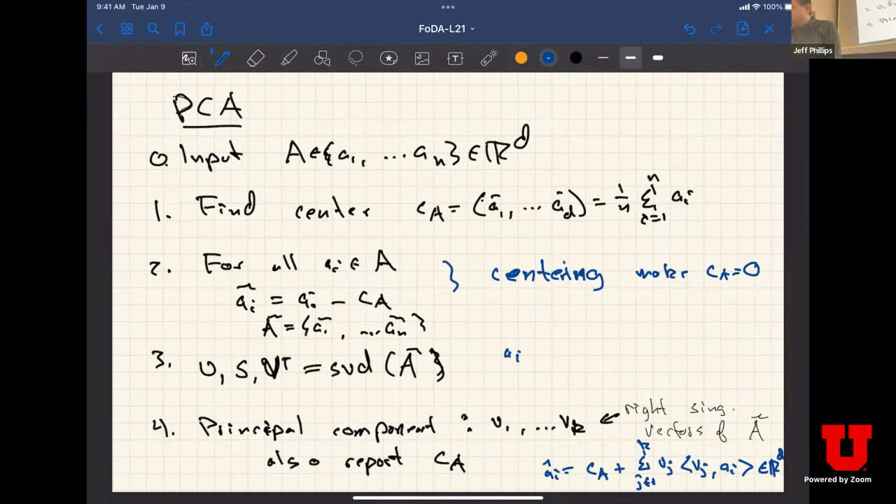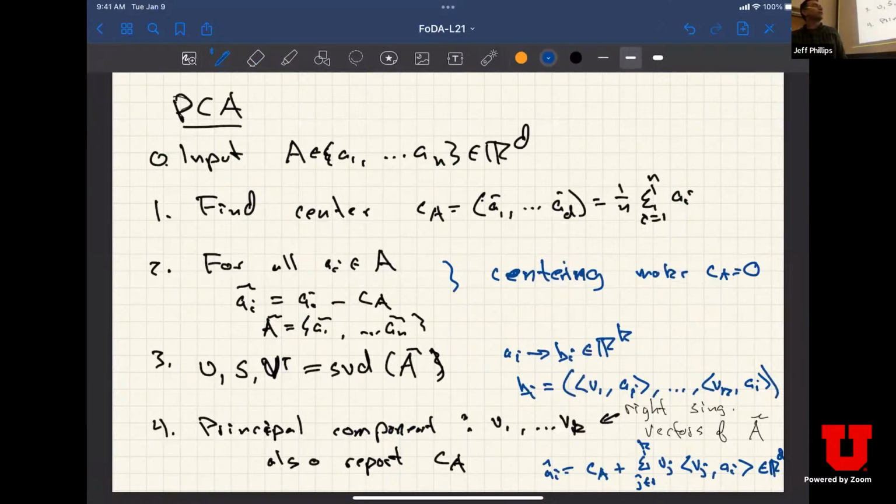I could take Ai into, let's call this Bi, which is in R^K, and I would do this as Bi equal to V1 dot Ai up to VK dot Ai. So I get K coordinates. So I can do one of two things; I have two options.